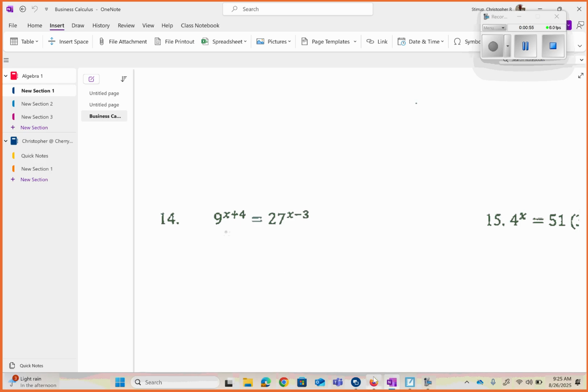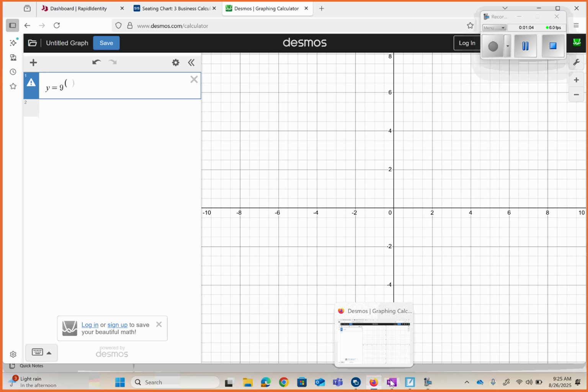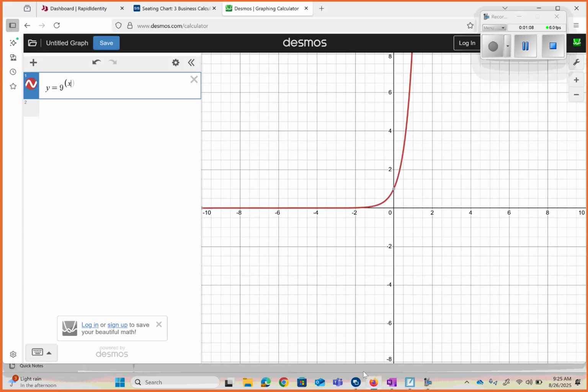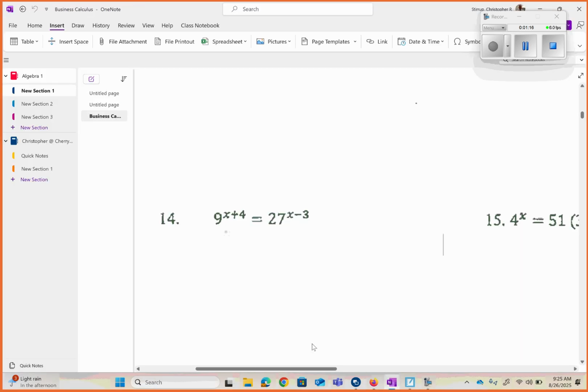All right, so let's plug this in. y equals 9 raised to the parentheses x plus 4. And then y equals 27 to the x minus 3.